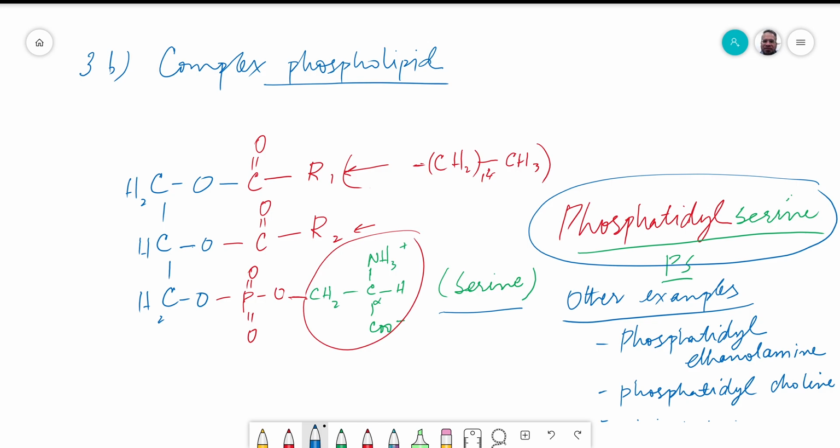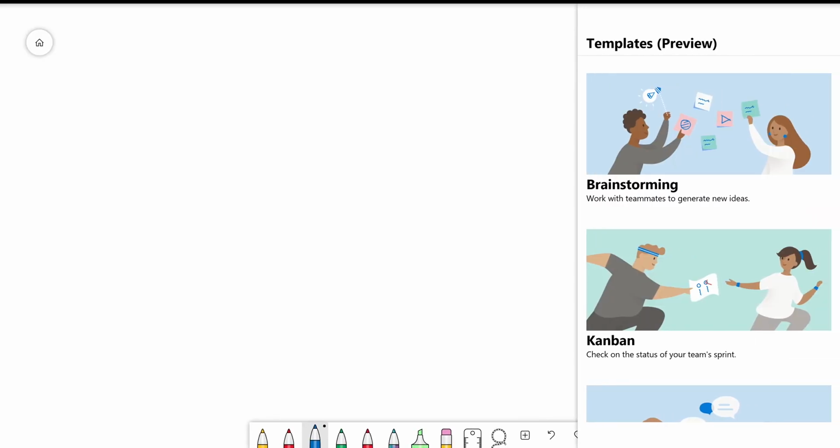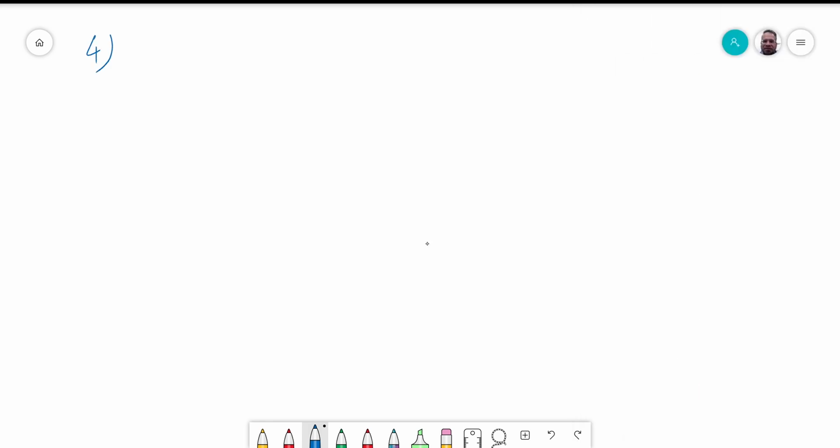Now the last one that I want you guys to know, the fourth class of lipids, is an example of a steroid, and there are many steroids that you can draw.